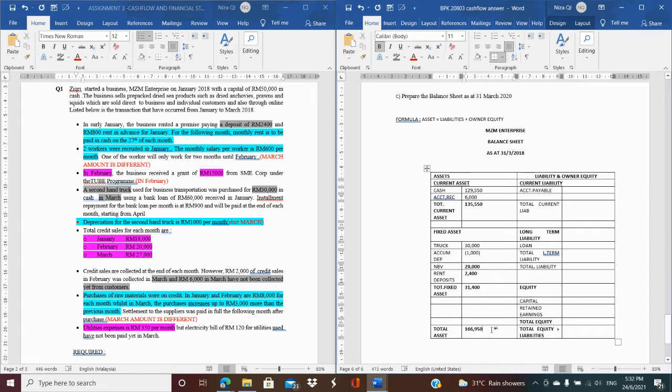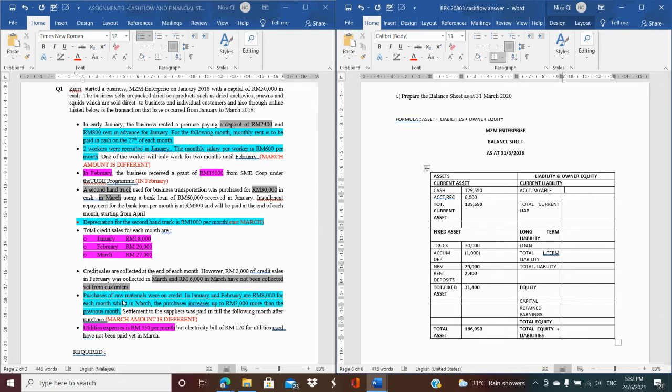So now you have to find the amount for the current liability and the equity, and the amount must be the same as the amount of the total asset when you add the total equity and the liabilities. So now we're going to look at the accounts payable. So this is money that you still owe to people. Usually this is the amount owed to suppliers.